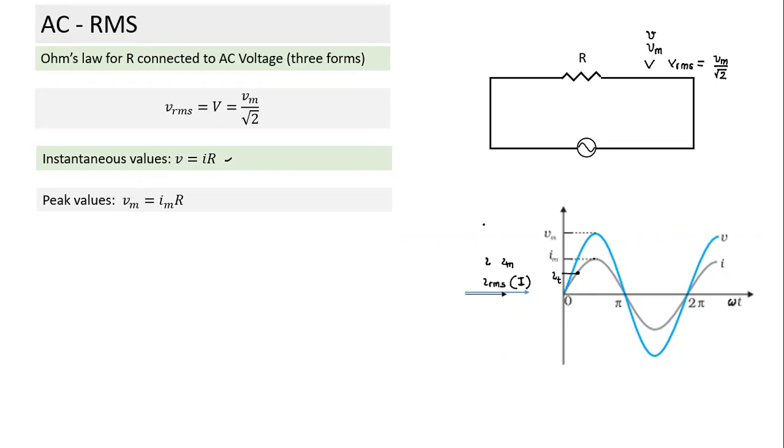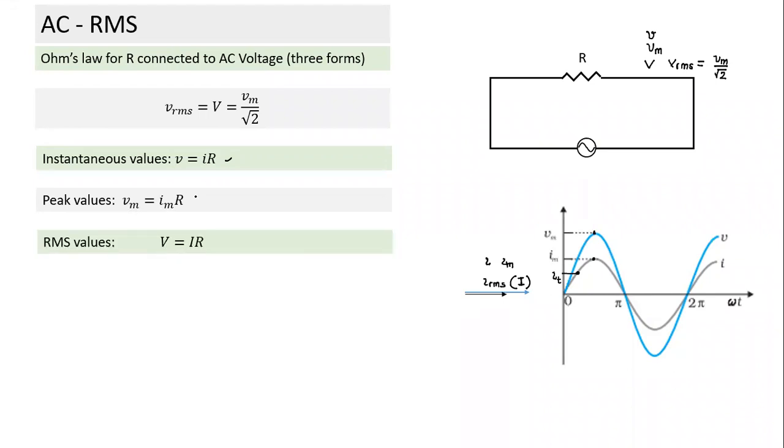It is also valid at the peak, since it is valid at all instants. So the amplitude of voltage is related to the amplitude of current like this: Vm equals Im into R. If one is an instantaneous value, the other also has to be instantaneous. If one is peak, the other also is peak. And if I divide by root 2, it becomes the RMS value, so V is equal to IR.